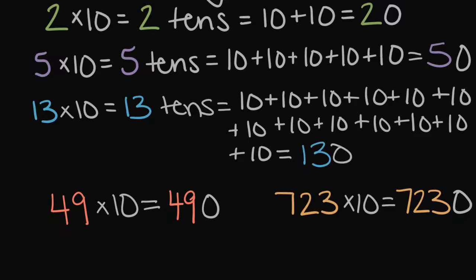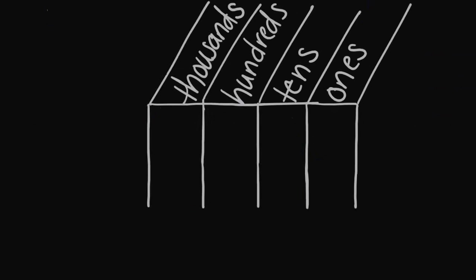Let's take this one step further and let's think about it in terms of place value. Let's think what multiplying by 10 did to these numbers in terms of their place values. So here we have a place value chart, and let's start back with one of the simpler ones we did, like 2. 2 is 2 ones.